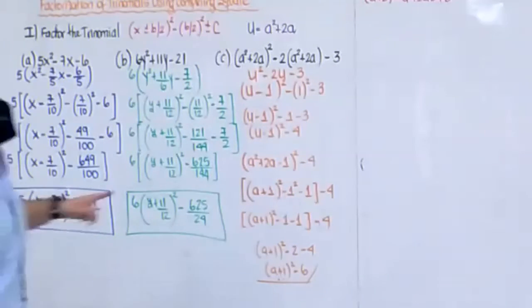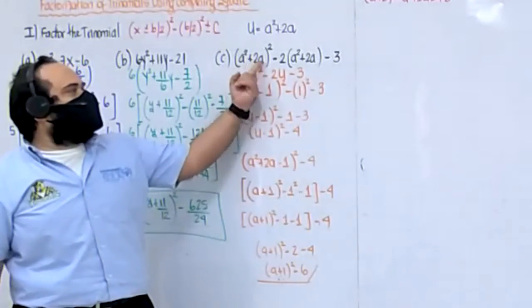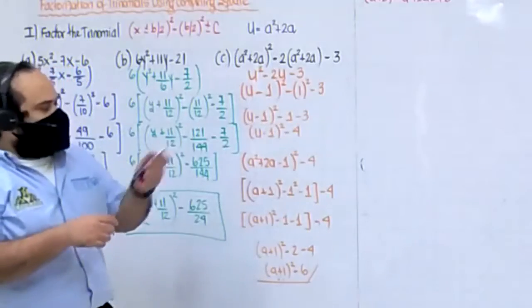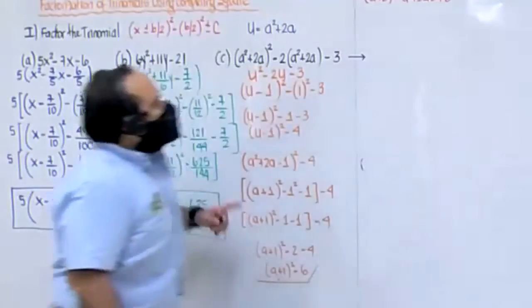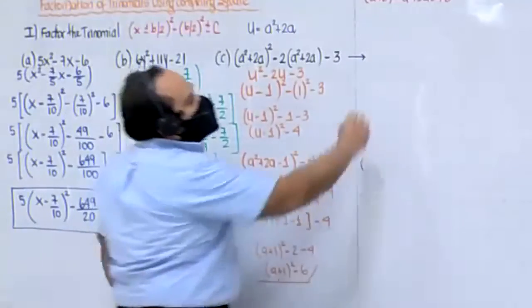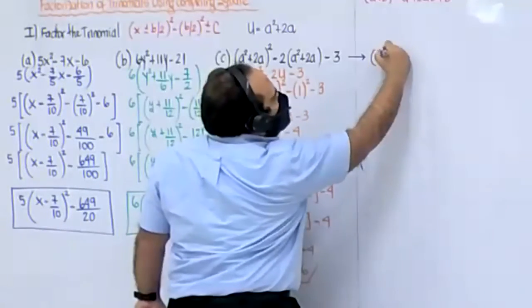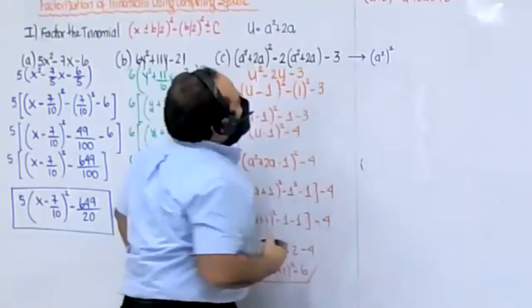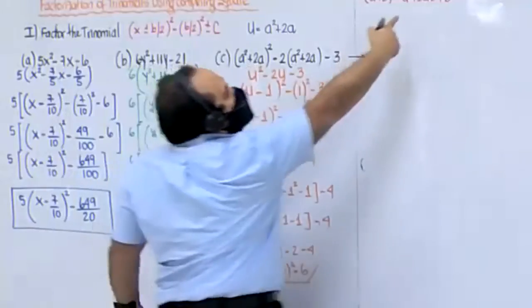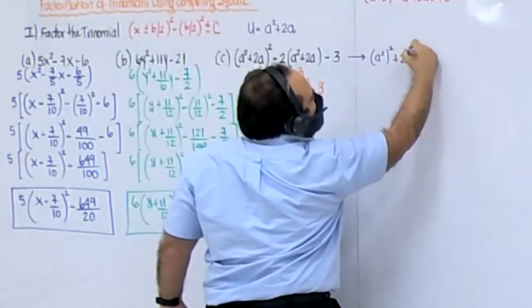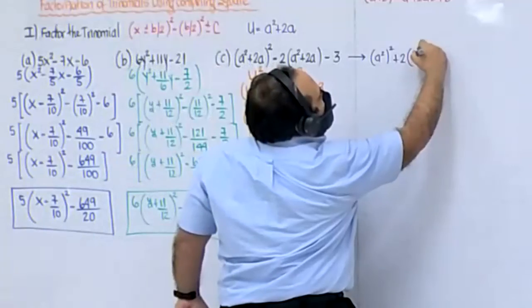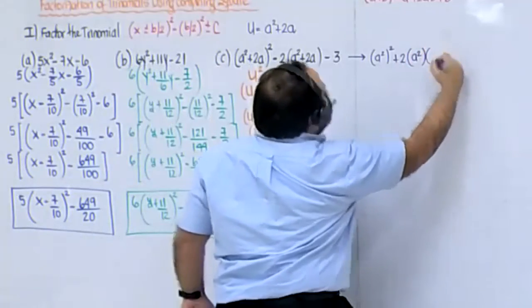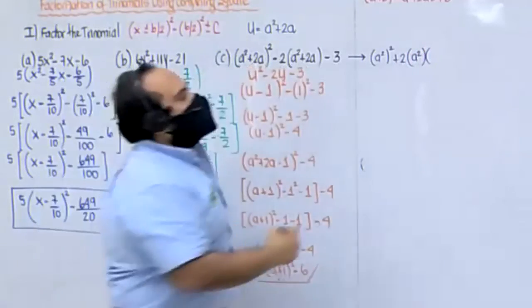And in the original problem, we got a squared plus 2a elevated to the second power. For that reason, we're going to solve this expression as a squared elevated to the second power, plus 2 times ab. A will be a squared and b will be 2a.